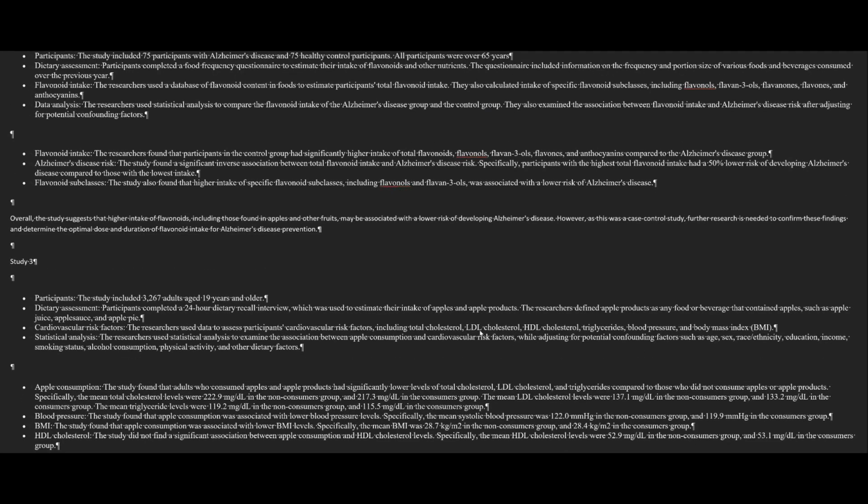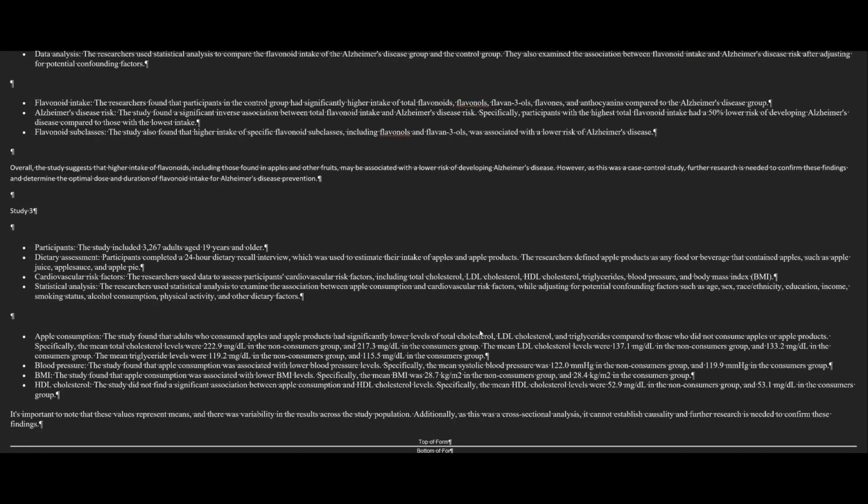But yeah, I didn't understand. Can you summarize this one as well? So basically, apples lower LDL cholesterol and triglycerides compared to the ones that didn't consume them, right? Was this one a randomized controlled study?